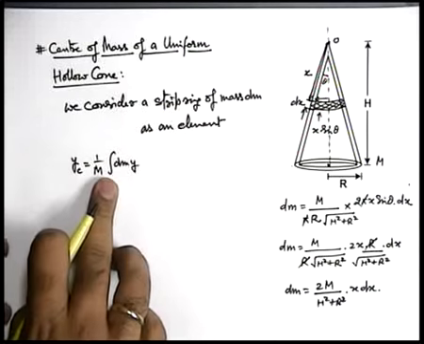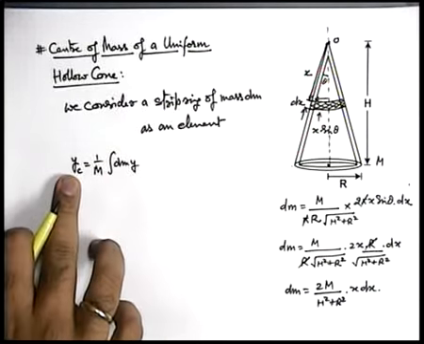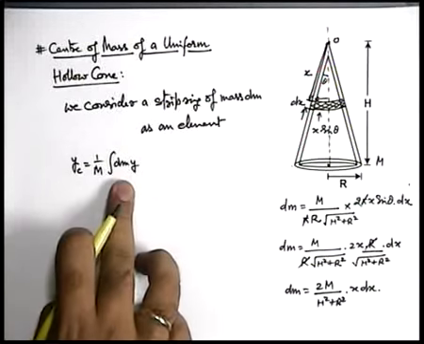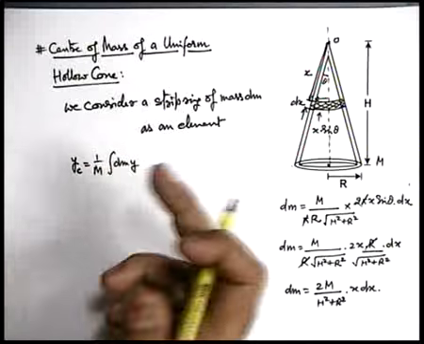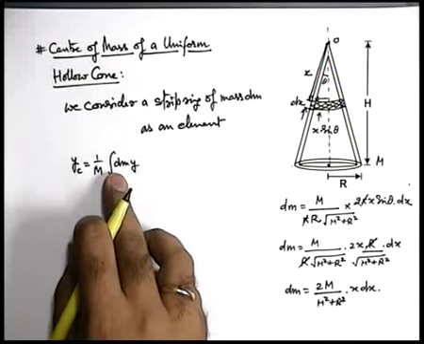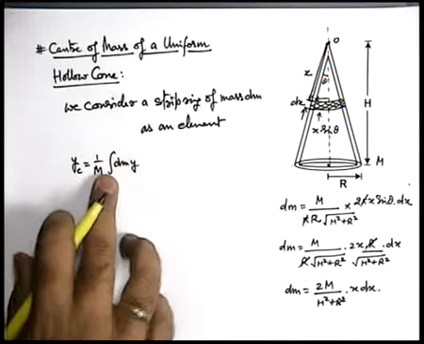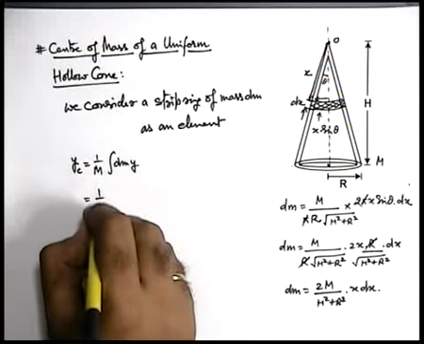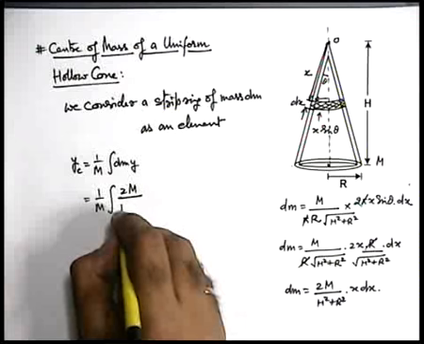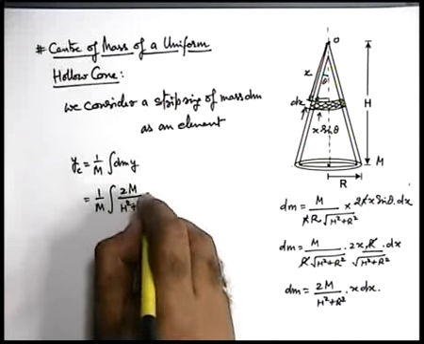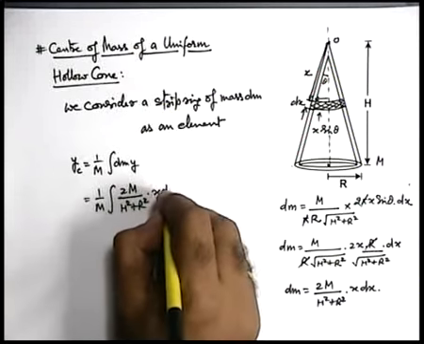You can see everywhere if we are required to find the coordinates of center of mass, it can be obtained directly by the relation 1 by m integration of dm y, or similarly x or z coordinates if required we can calculate. Here if we substitute the values, you can see this dm we substitute from here, it is 2m upon h square plus r square into x dx.